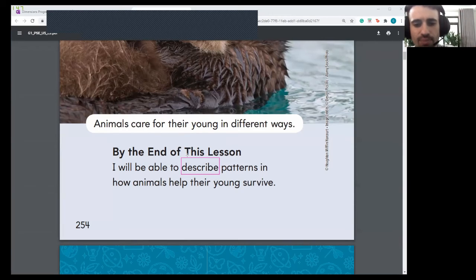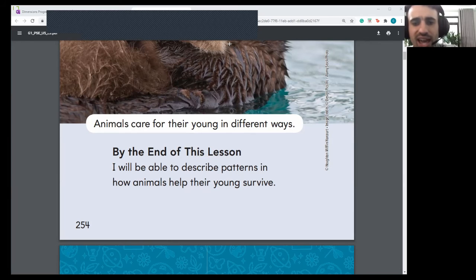That's to describe, to tell. I will be able to tell patterns in how animals help their young. And remember, a pattern does not always mean polka dots and stripes. Pattern can also be the seasons, like spring, fall, winter. Okay, there's a certain pattern.